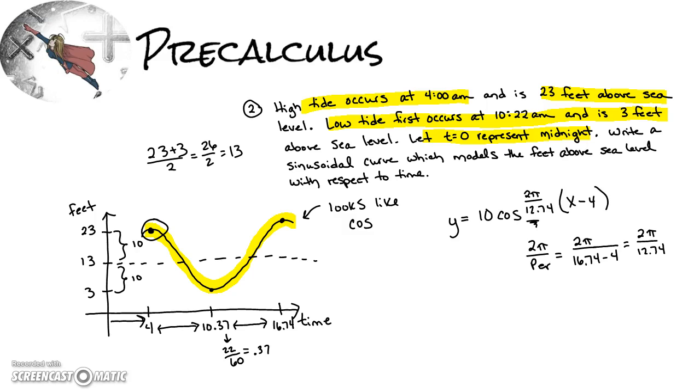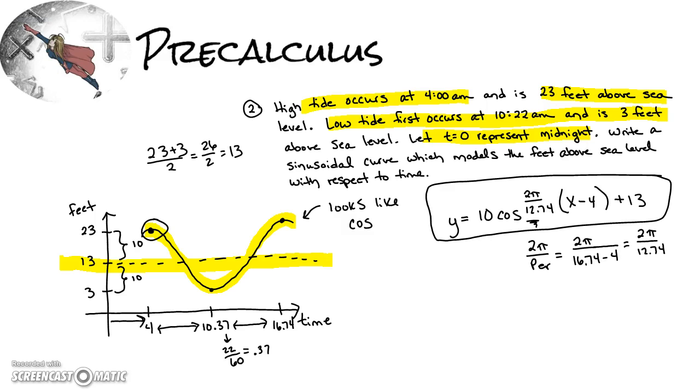And then the final thing is the vertical shift, which is always your dotted sinusoidal axis, which was at 13. So we're just going to add 13, and that's our vertical shift, and this is our final answer.